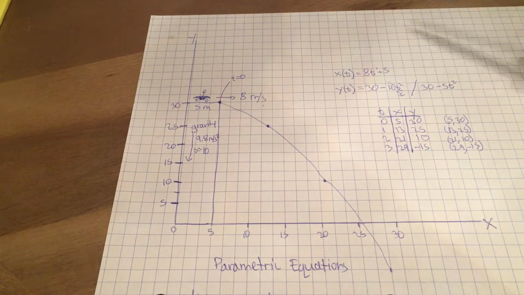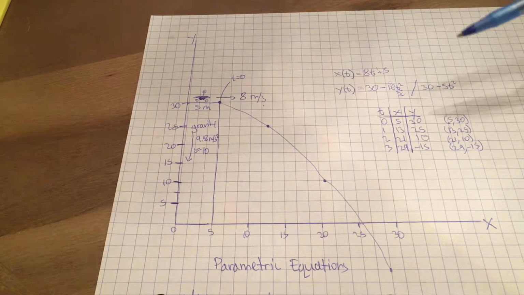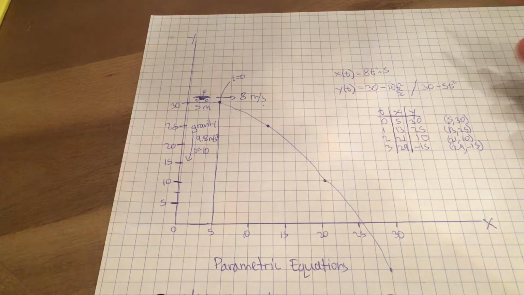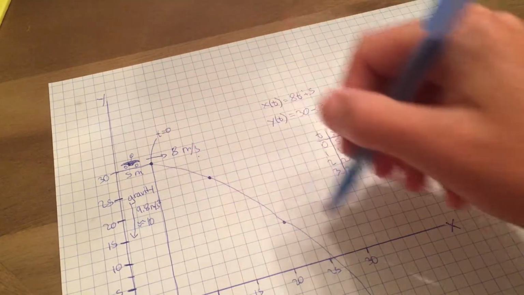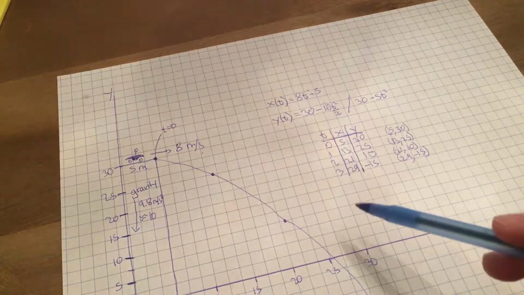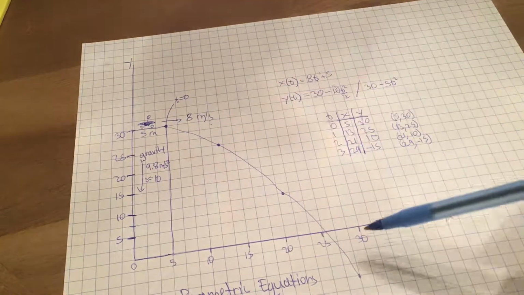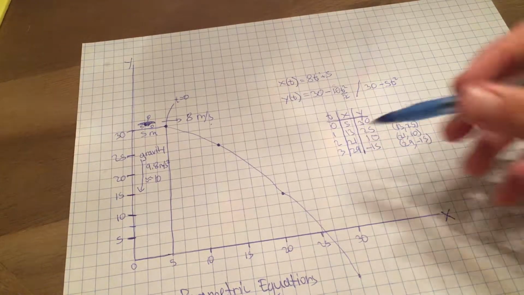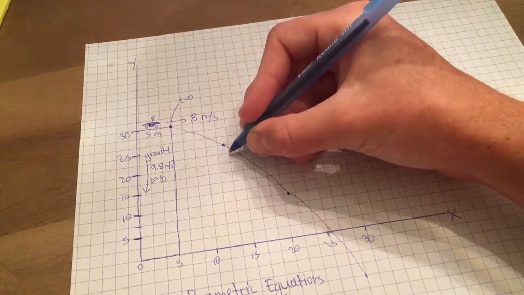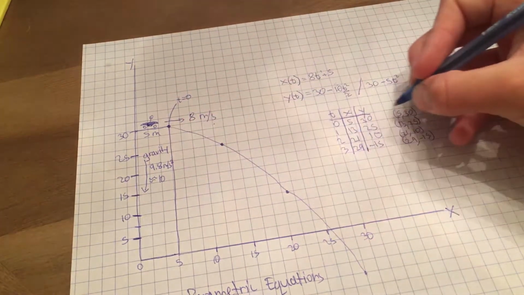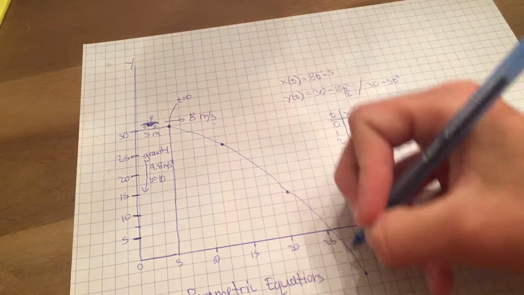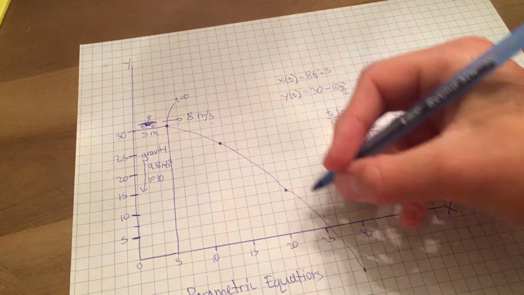And then another good thing about parametric equations is we know the direction of travel. A lot of times if you were just given this graph, which is somewhat of a half semicircle, you don't essentially know which way the direction of the graph is going. It's easier with parametric equations. We know as we graphed it, our points got lower and lower, so we know gravity is pulling him down.